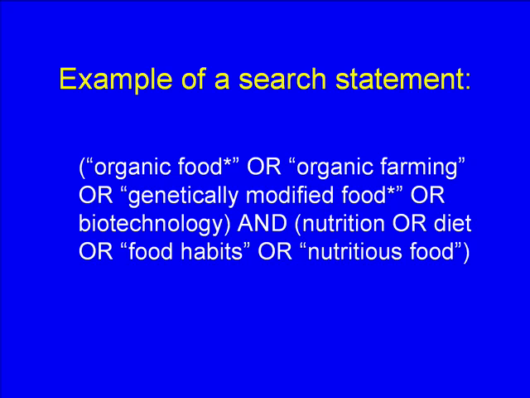Organic food with a truncation symbol after it, and also with parentheses around organic food, or organic farming with organic farming surrounded by parentheses, or genetically modified food with a truncation mark after food surrounded by parentheses, or biotechnology, and nutrition or diet or food habits with quotation marks around food habits, or nutritious food with quotation marks around nutritious food. This is a good example of a search statement that you would use in the database.